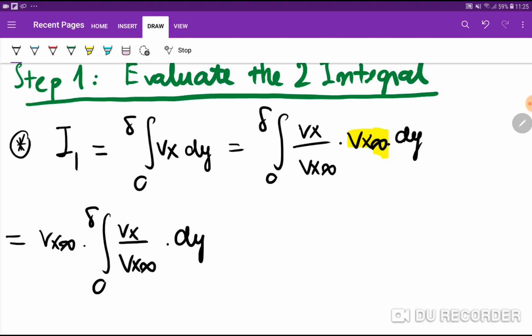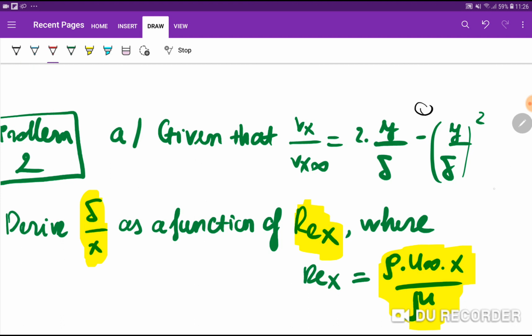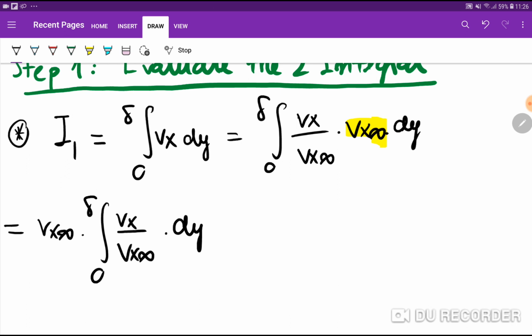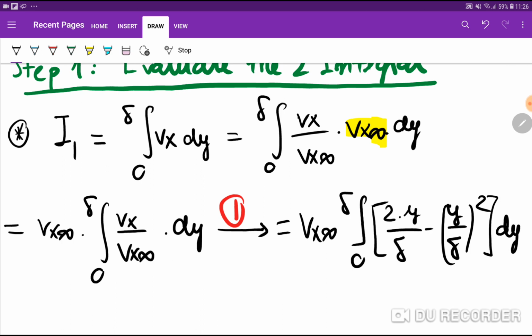Now you can substitute in the equation above, which I'll call equation 1. Substituting in 1, you get Vx infinity times the integral from 0 to delta of 2 times y over delta minus y over delta squared dy.